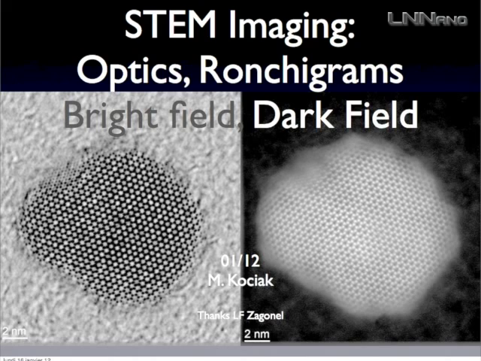Ronchigram seems to be a very well name, but it's a really essential part of the STEM. So if you really want to align a STEM, it's worth knowing a little bit about Ronchigrams. And of course, I will talk about the 2 main imaging modes of the STEM: bright field and dark field.